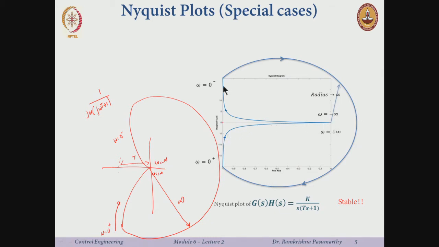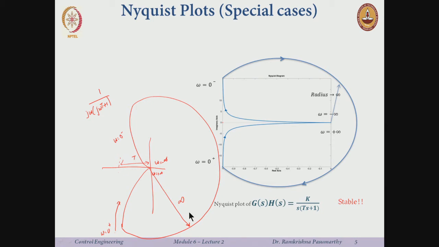If you draw it on MATLAB, it will just give you these two lines, these polar plots. It won't really give you this line because it won't be able to plot it, but this is just the infinite radius from here.